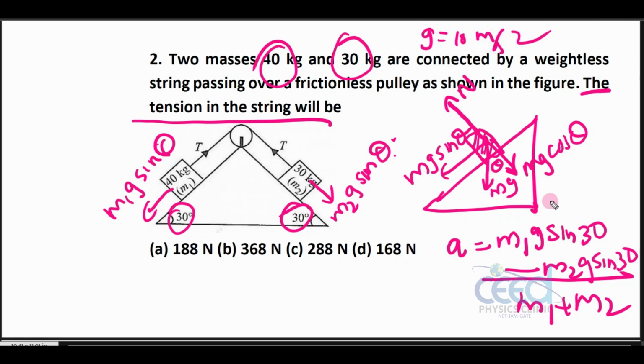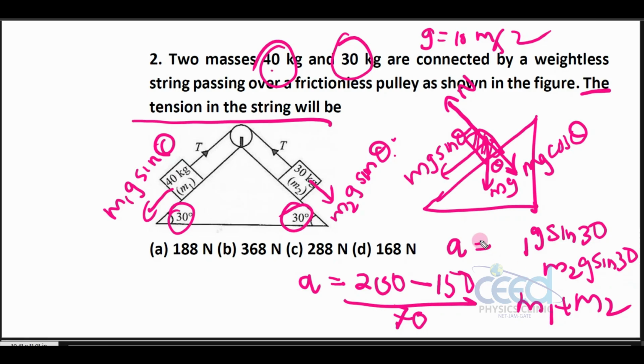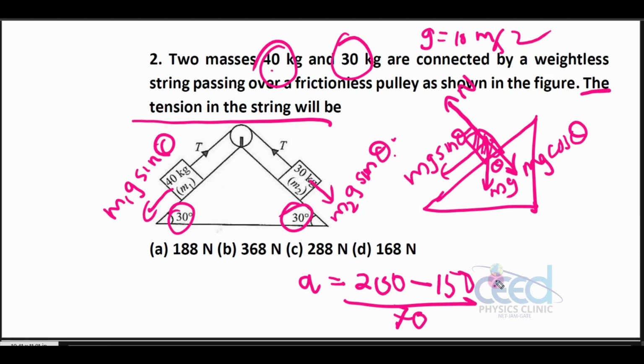By substituting, sin 30 is 1 by 2, then m1 is 40, 20 into 10 is 200, minus m2 is 30, 15 into 10 is 150, divided by total 30 plus 40, that is 70. Then 50 by 70, that is 5 by 7. A is equal to 5 by 7.